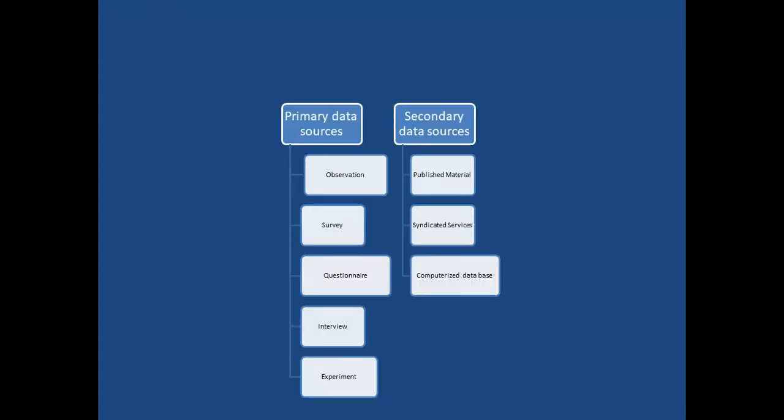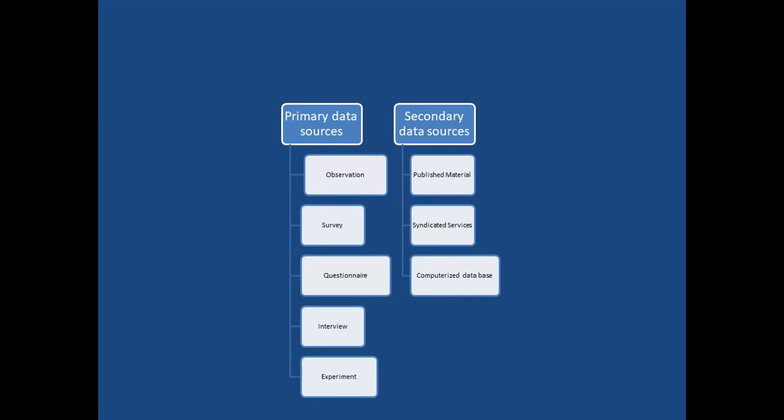Here you see different sources in primary and different sources in secondary data. Now I hope the second slide is with you. Everybody can see the second slide? Okay, fine. In primary data you can see we have five methods: first is observation, then survey, then questionnaire, interview, and experiment.